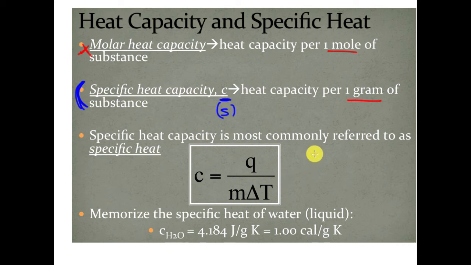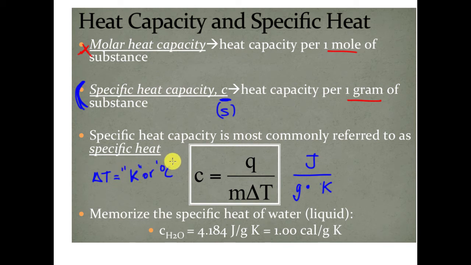Now the unit for this is going to be energy, which would be our Q, could be kilojoules or joules of some kind, per gram times a temperature. So it could be Kelvin or it could be Celsius. Now here, because we're looking at a change in temperature, you can use Kelvin or Celsius. You don't have to use one or the other.